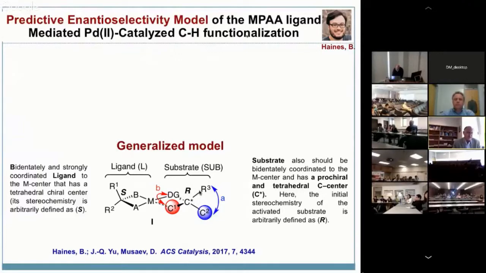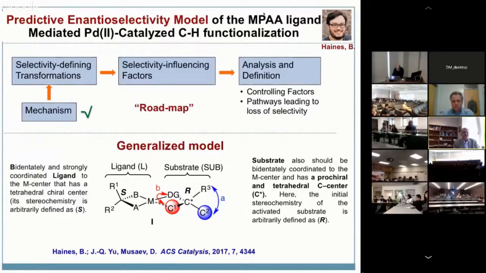And the substrate should have a chiral and tetrahedral carbon center. In order to apply this model to elucidate selectivity for MPAA ligand assisted palladium catalyzed C-H functionalization, we decided to proceed.